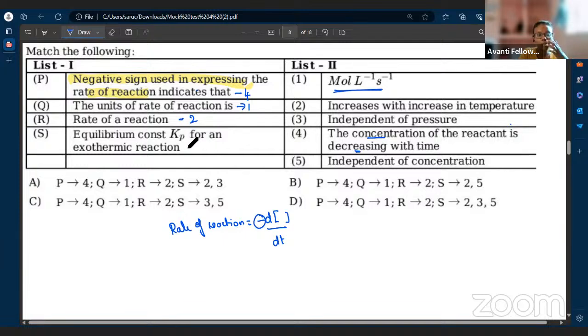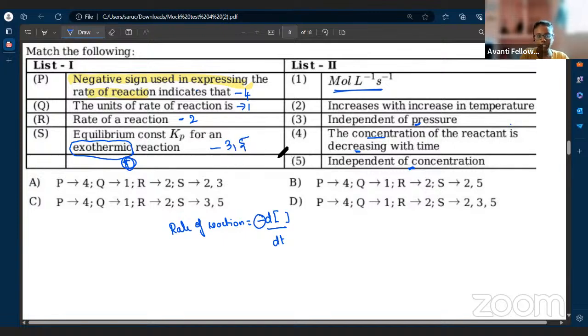Yes, 2. Equilibrium constant for an exothermic reaction: it is independent of concentration and also independent of pressure. It depends only on the temperature. So S is going to be 3 and 5.